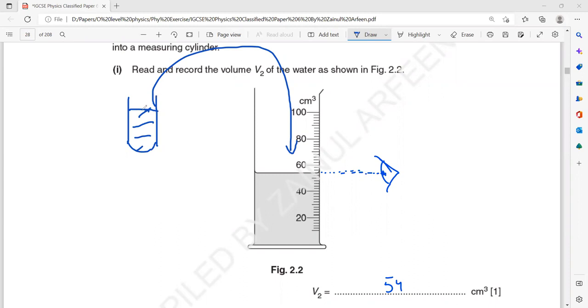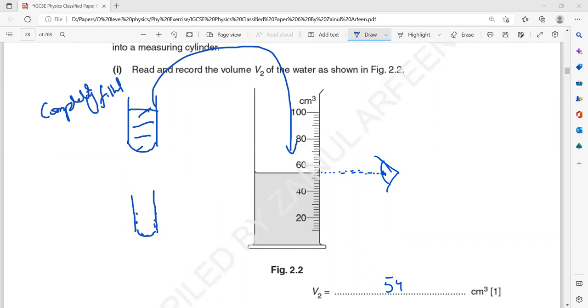How may this part lead to an error? One possibility is that the test tube might not be completely filled. If the test tube is not completely filled, this volume will be wrong. Or, when we transfer the liquid, some of the liquid might remain in the test tube. Your water could spill or splash. That is also acceptable; any reference is acceptable.